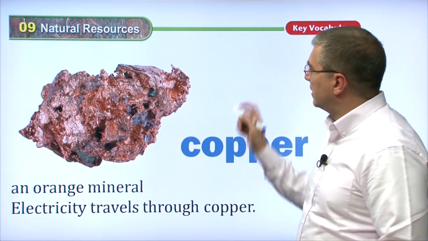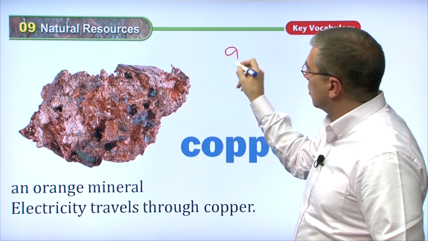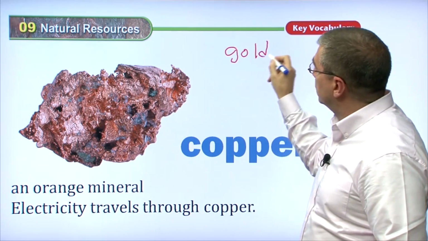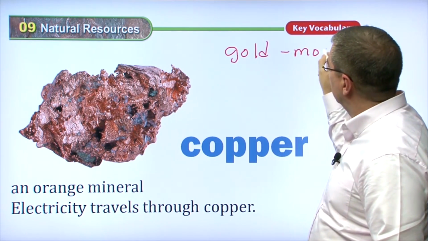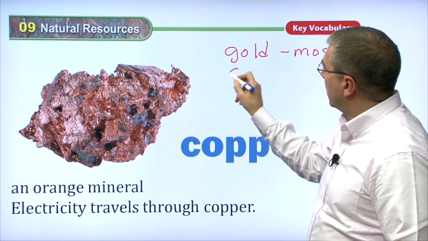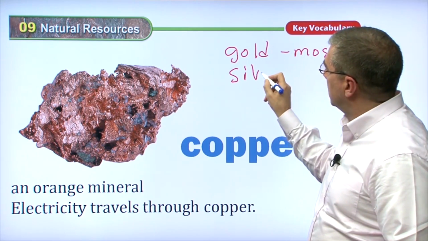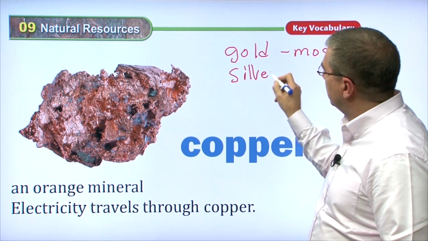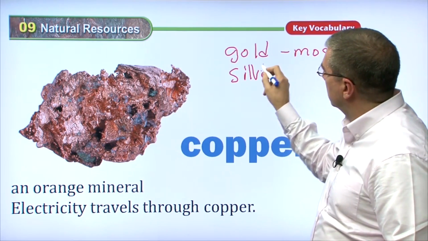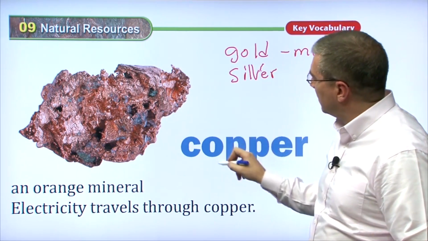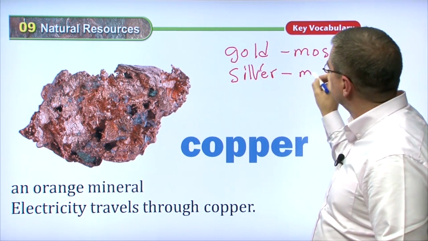So, the most expensive mineral we've talked about is gold. Gold is the most expensive, right? Then we have silver, that's in the middle. And then we have copper.